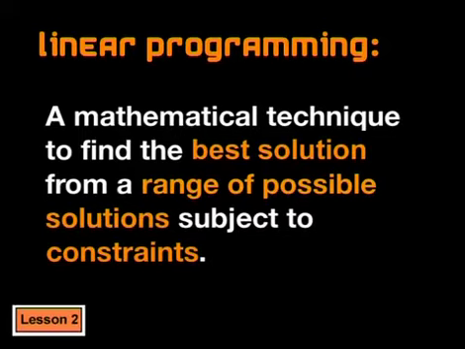Let's have a look at the definition we used for linear programming. We've seen that linear programming is a tool, a mathematical technique that can help us when there are many possible solutions to a problem. It helps us to find the best solution from a range of possible solutions subject to constraints. We haven't yet seen which of these possible solutions is the best or optimal solution.